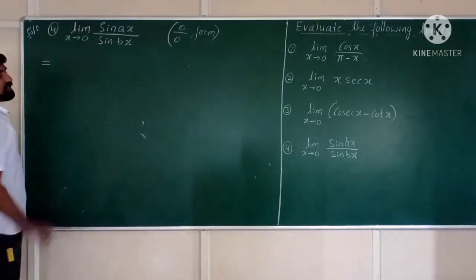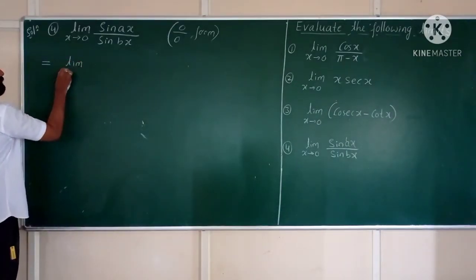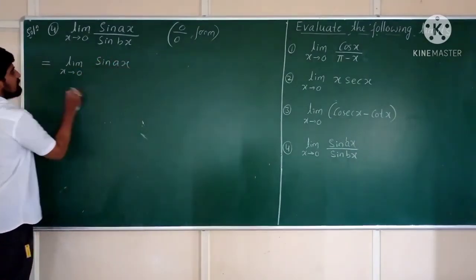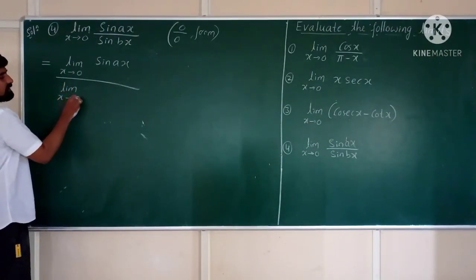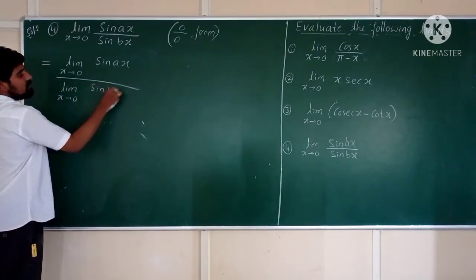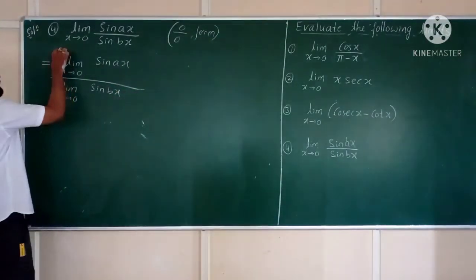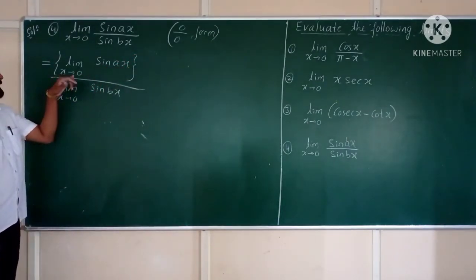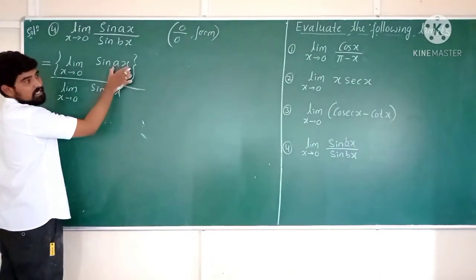But this given function can be expressed as limit x tends to 0 sin ax divided by limit x tends to 0 sin bx from the algebra of limits. So in numerator, if I assume this ax as a theta, this is of the form limit theta tends to 0 sin theta, here the value of theta is ax.